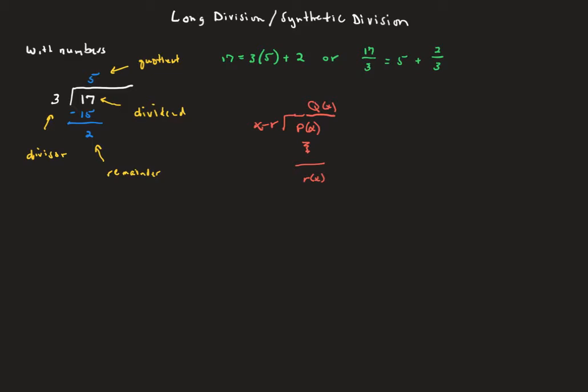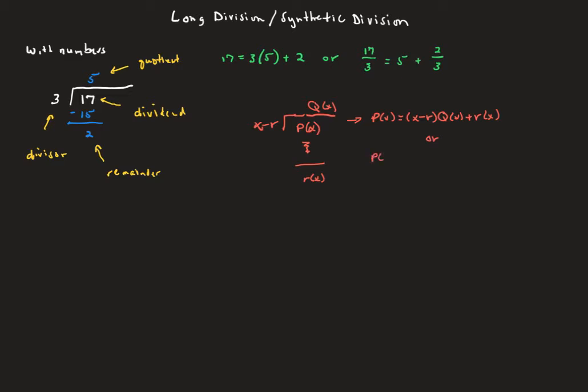But then the 2 ways that we can write this information is we can say p of x, our original polynomial, the dividend, can be written as x minus r, the divisor, times q of x, the quotient, plus the remainder r of x. Or we could also sometimes write it in the other form, like we saw up above in the green.